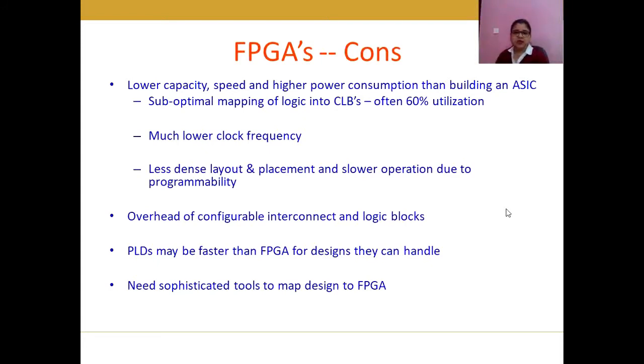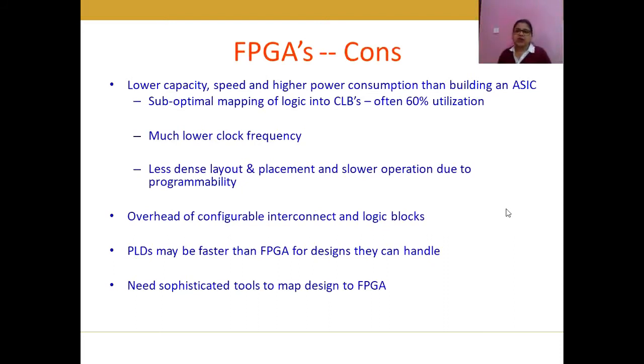These are some properties on which it is not in a good position, and suboptimal mapping of logic into the CLBs. Often 60% utilization is done, meaning the overall architecture in one FPGA board is not 100% utilized.